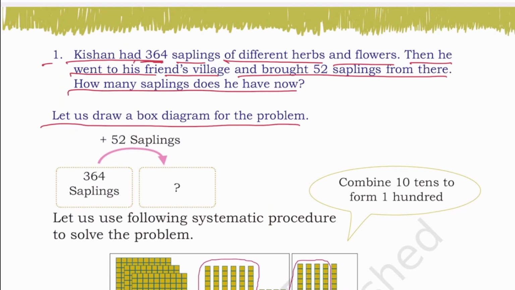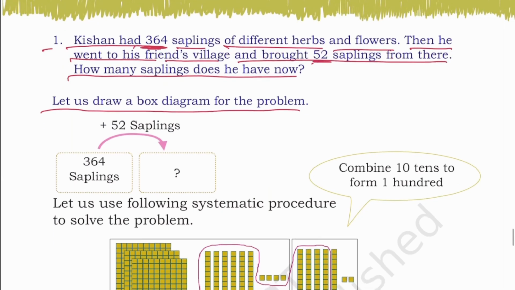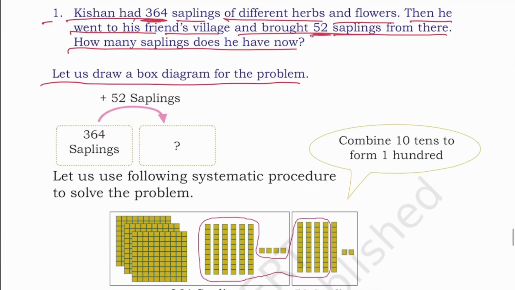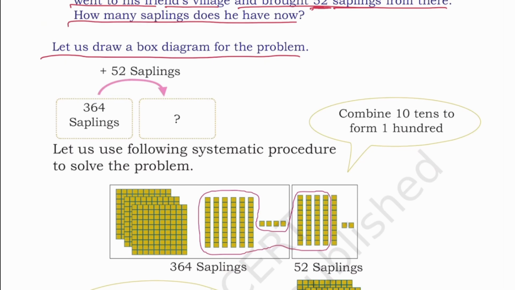Kisan had 364 saplings and he bought 52 more saplings. Then what will happen? 364 saplings added to 52 saplings, or 52 added to 364. The total number of saplings he will have.